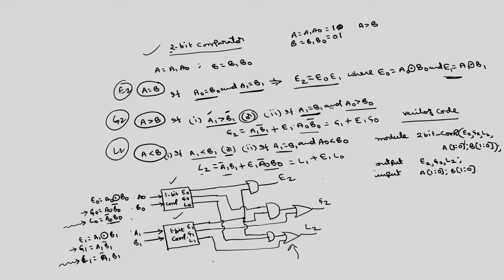If I write this as a block, these are 4 inputs and 3 outputs. This is the 2-bit comparator, with A1 A0, B1 B0 as inputs and E2, G2, L2 as outputs. So these are the inputs and outputs I have defined. Now we have to instantiate the 1-bit comparators.